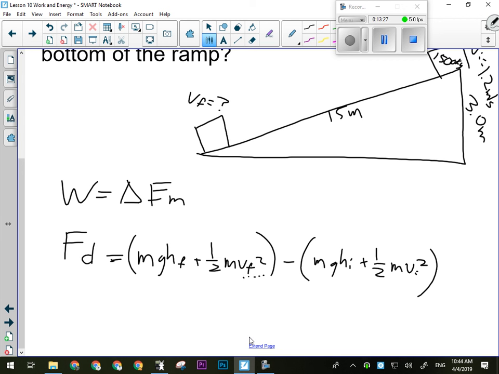Everyone okay with that so far? Okay. If I want to get v final by itself, what should I move right now? Yeah, the initial mechanical energy is what I should move over. Since when do E's have four things in them? That looks better.